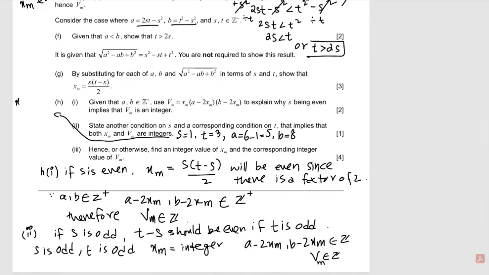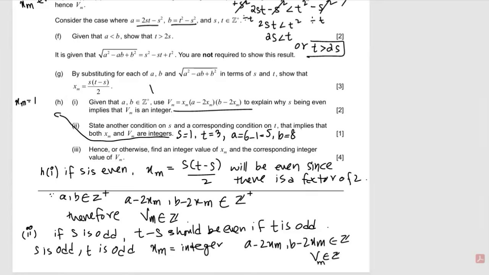Okay, so what happens to x sub m? This will become 1 times 3 minus 2, which is 1. Okay, so now I've got all my values. So let's put them in the volume expression.